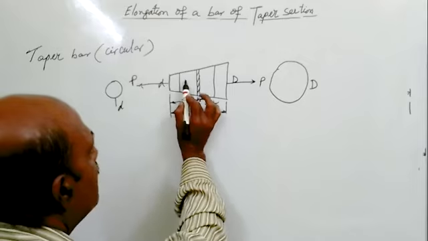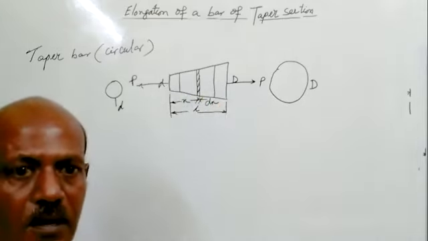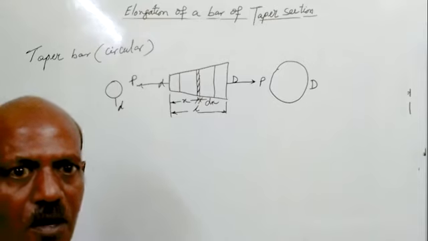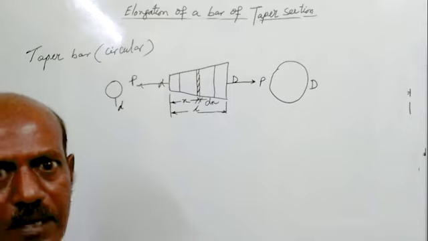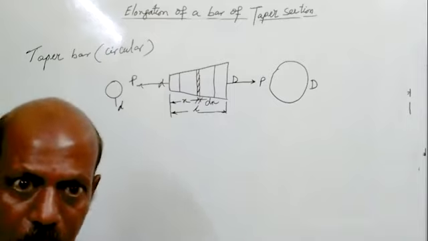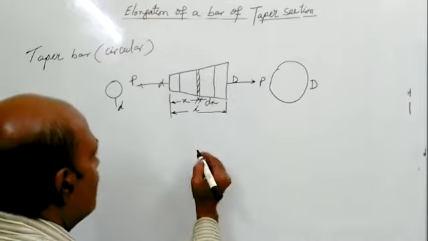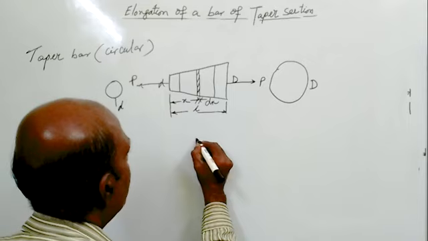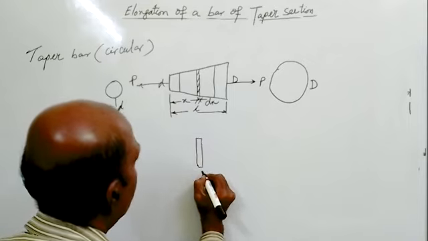How many elements are there? There may be thousands of elements or an infinite number of elements. All the elements are under the same load P acting over that element. Now we have considered that element, so we are drawing that element separately.